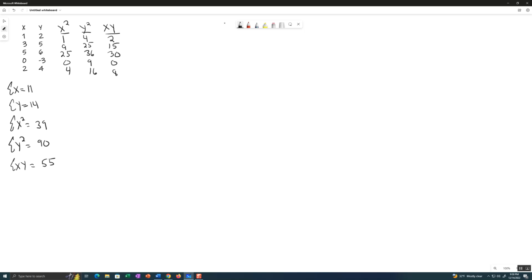So once I have those 5 sums, I can now start calculating other things. Let's start with SP, which is, of course, the numerator of the correlation coefficient, Pearson R. So we know SP is the sum of XY minus the sum of X times the sum of Y over N. Our sum of XY is 55.